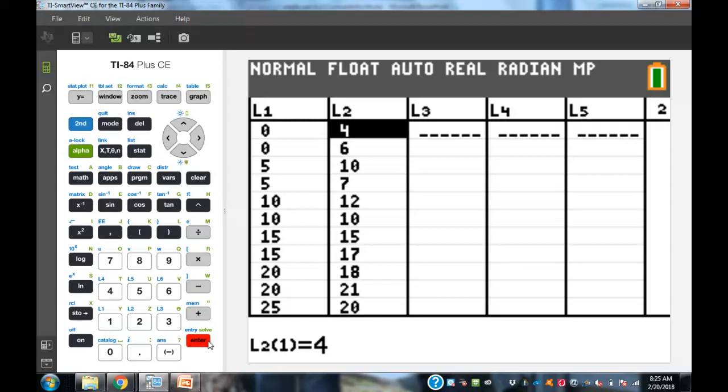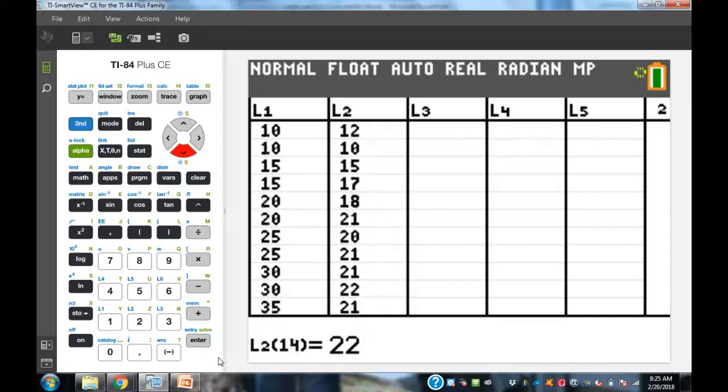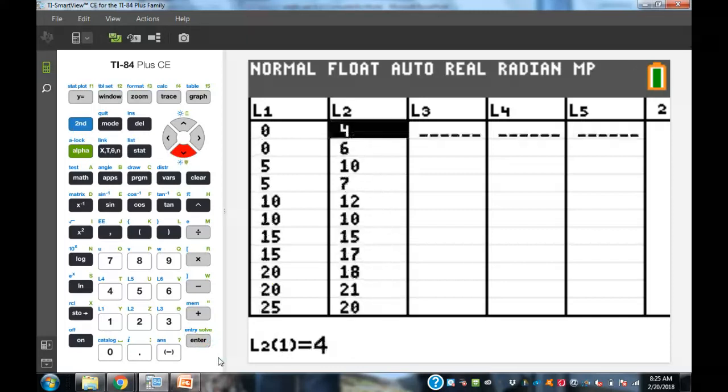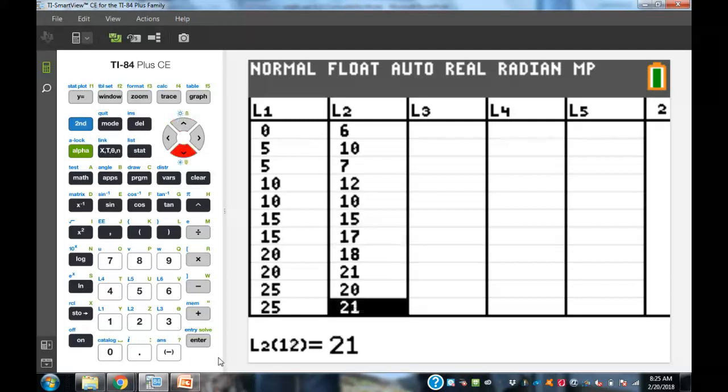All right, let's finish up here. We got those lists typed in. I'll scroll down so you can see. 25-20, and the next one is 25-21, 30-30, 35-35, 40-40.